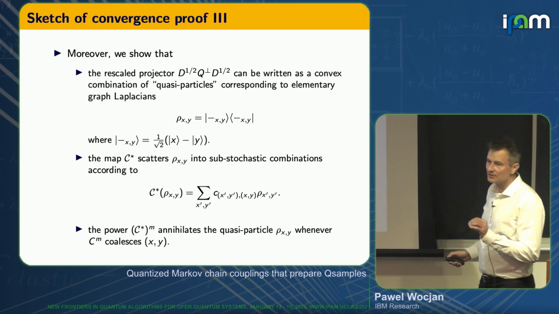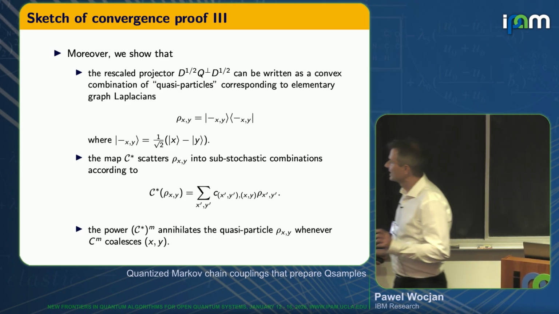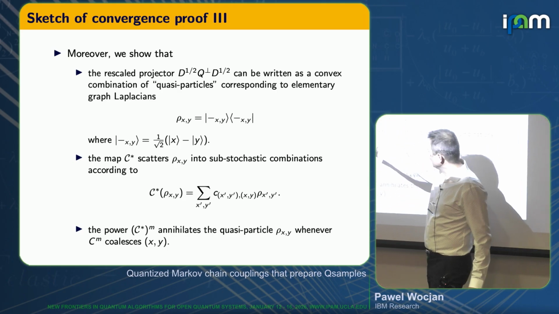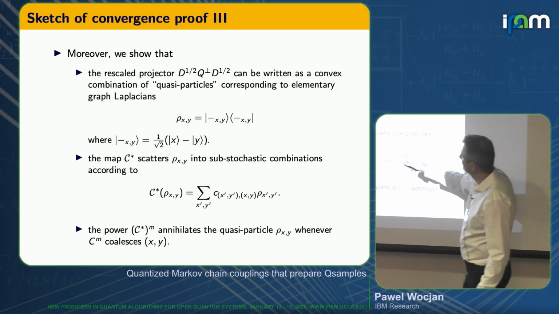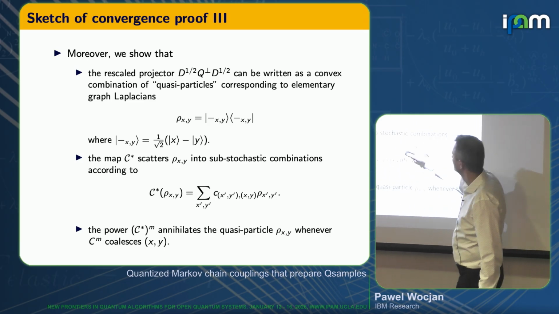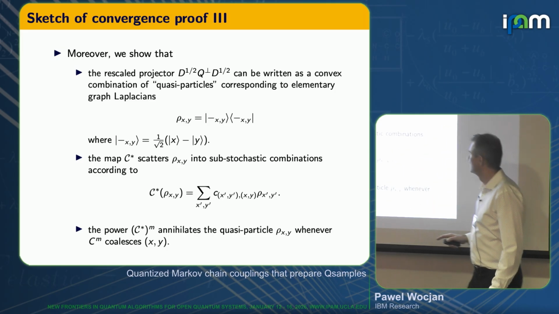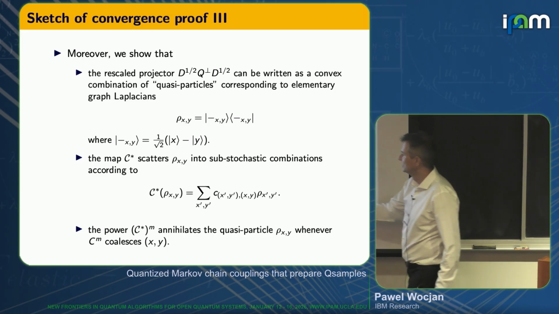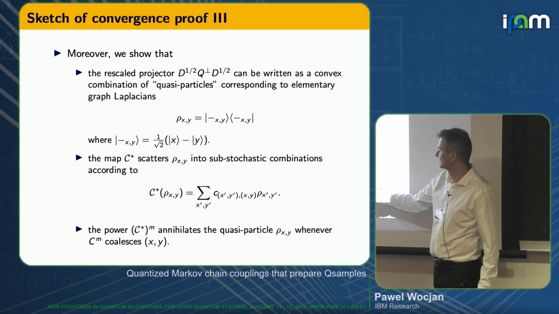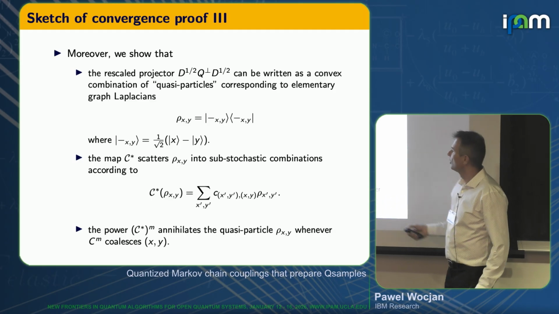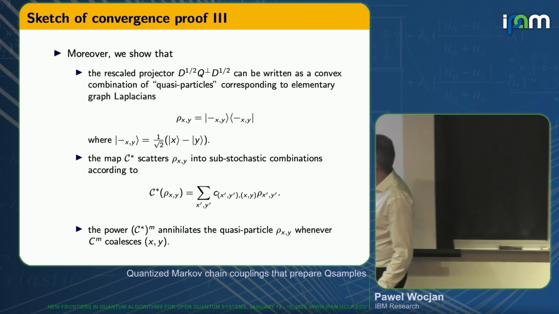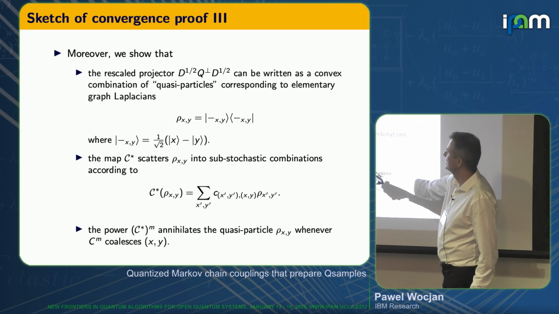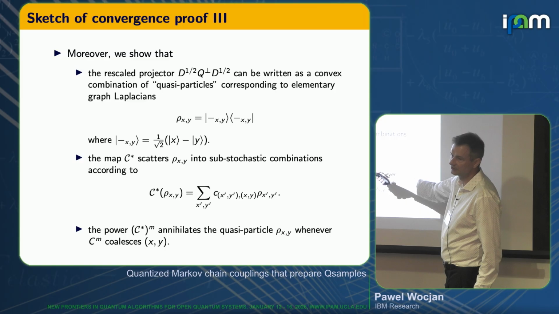What is important is that this map C star scatters these elementary graph Laplacians into substochastic combinations according to this formula. But please notice that if x equals y, then this thing is just the null vector.